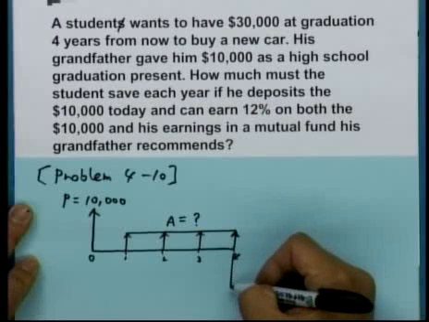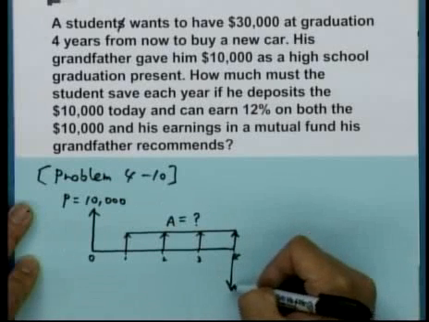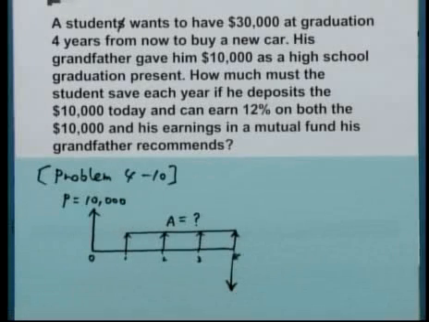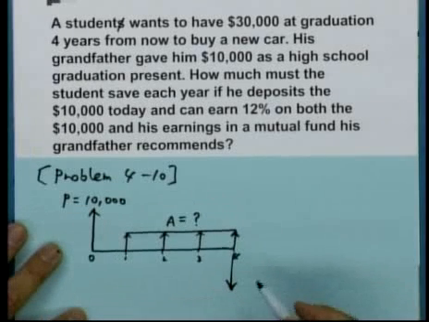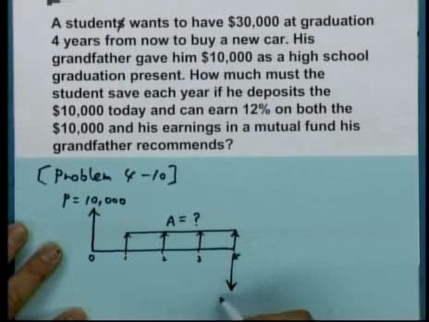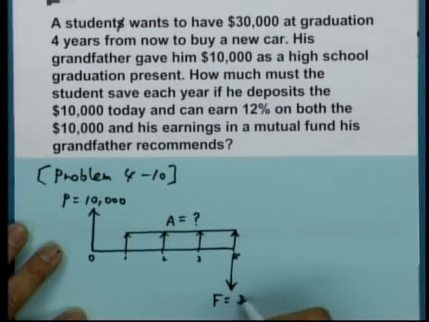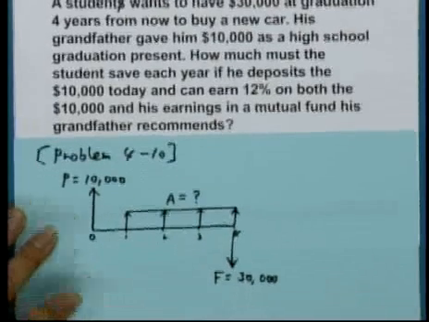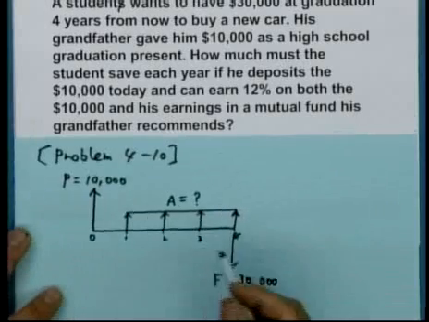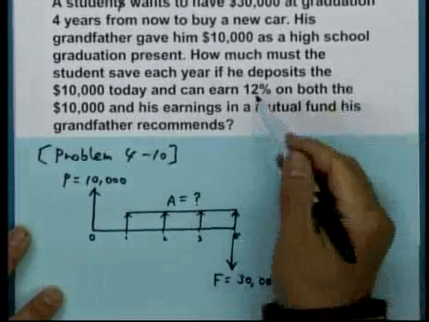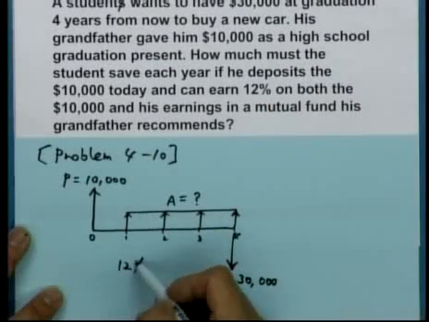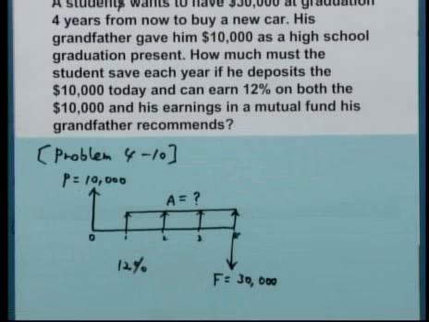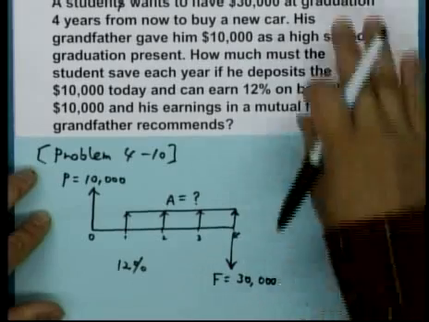And then after the 4 years, you want to have $30,000, right? And we are considering the 12% interest rate. So these are all the given information.